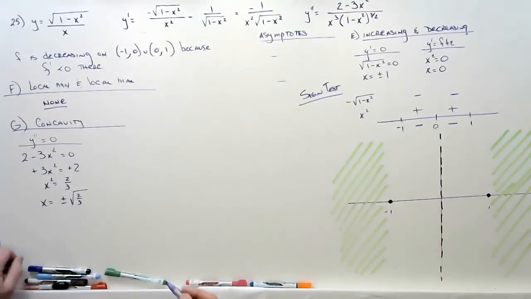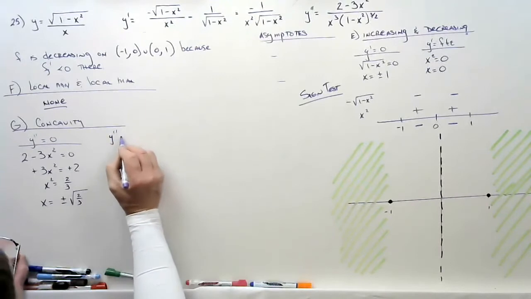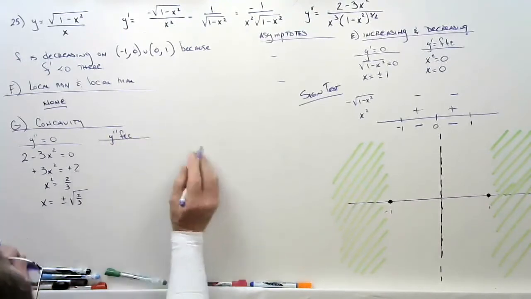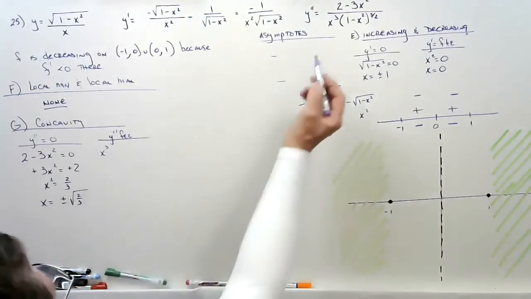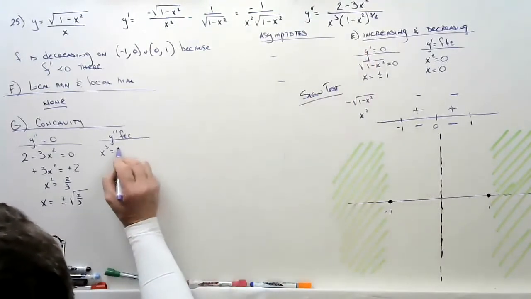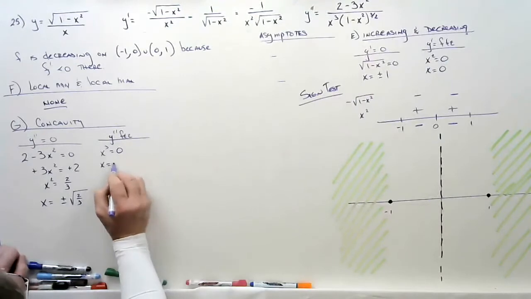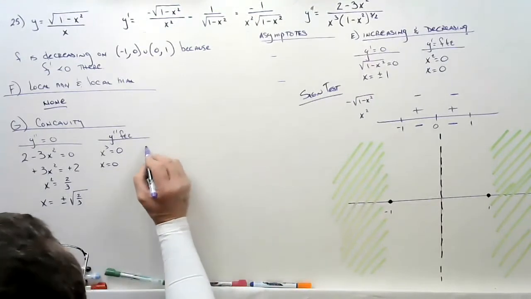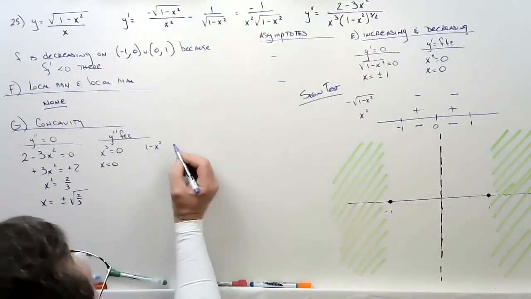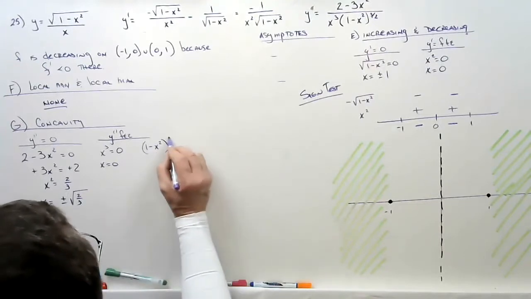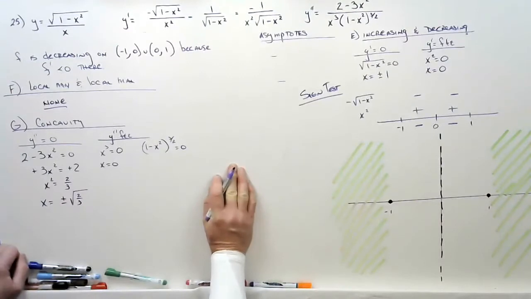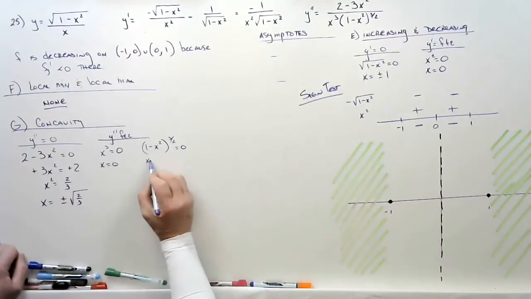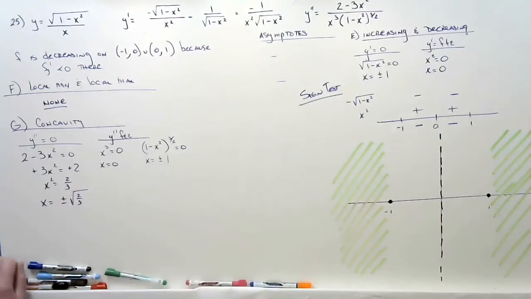When does the second derivative fail to exist? When x cubed, the denominator, could be 0. That gets me x equals 0. Or when 1 minus x squared to the 3/2 equals 0, right? That's when it's going to fail to exist. This is going to get me x equals plus or minus 1.